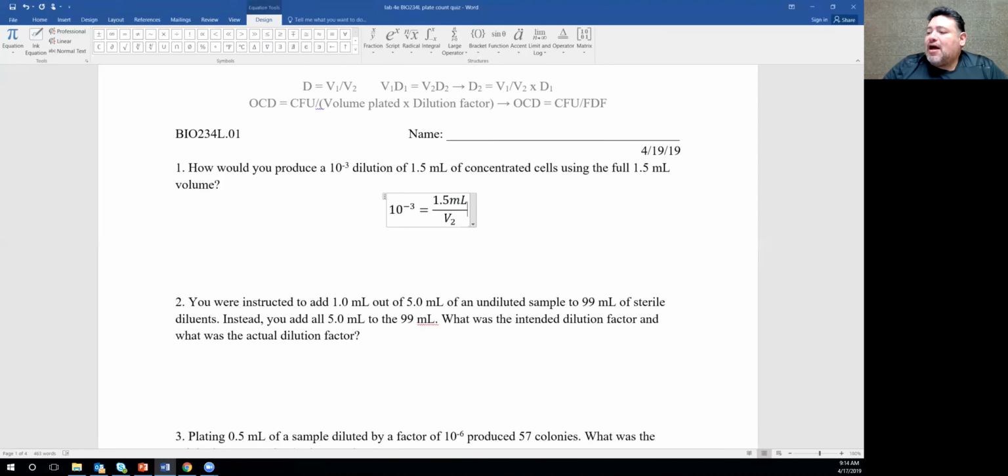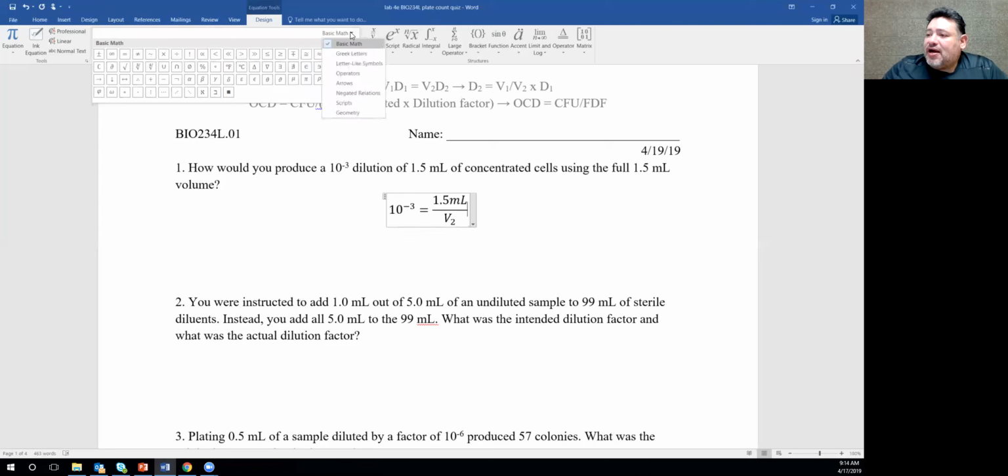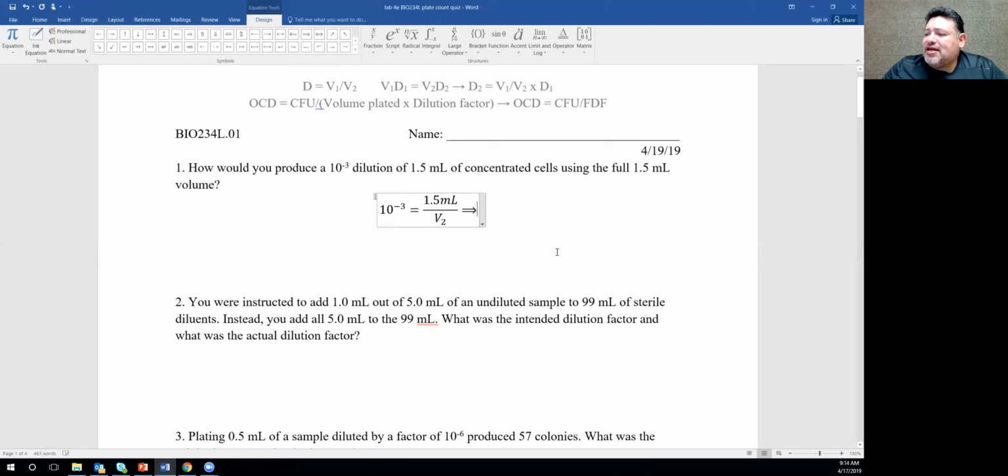Okay, so now we need to find what V2 is, okay? I'm going to use an arrow. Arrows in logic means implies, okay? So this implies that V2, okay, is equal to what?